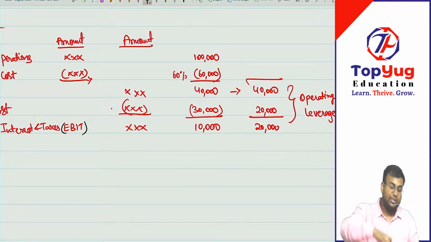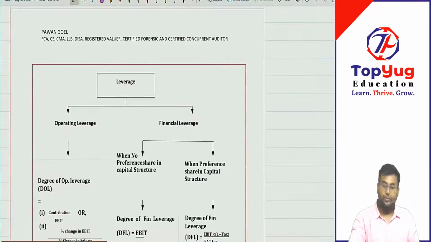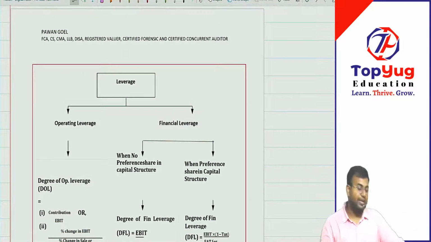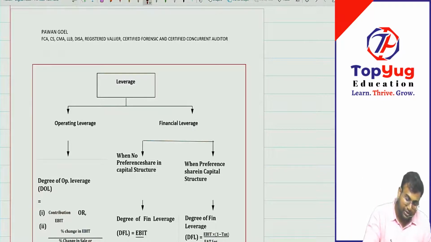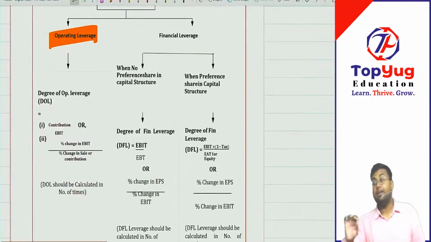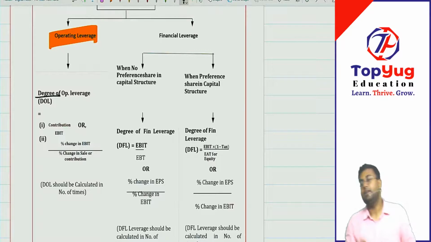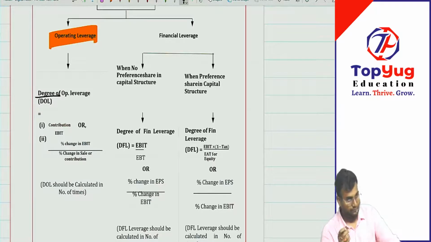Now, can we again turn to that page which we left and said we'll do later? Can you please come here? We are going to discuss only a limited manner of operating leverage. If you see the operating leverage, the first word they have used is degree. Degree means a ratio, right? It is not a number, it is a ratio. Degree of operating leverage.